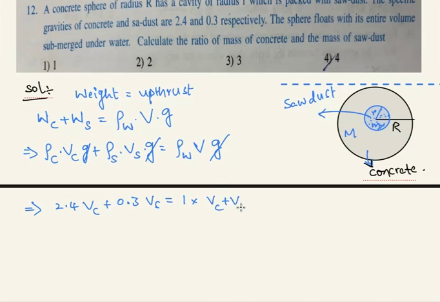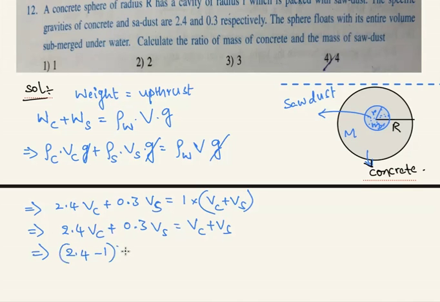Vc plus Vs. Okay na? అంటే ఏమొస్తుంది చూడండి, 2.4 Vc plus 0.3 Vs is equal to Vc plus Vs. Vc terms అన్ని ఒక సైడ్, Vs terms అన్ని ఒక సైడ్ తీసుకోండి. Then 2.4 minus 1 into Vc is equal to, send that 0.3 Vs to the right side. Therefore, Vs common chestē 1 minus 0.3.